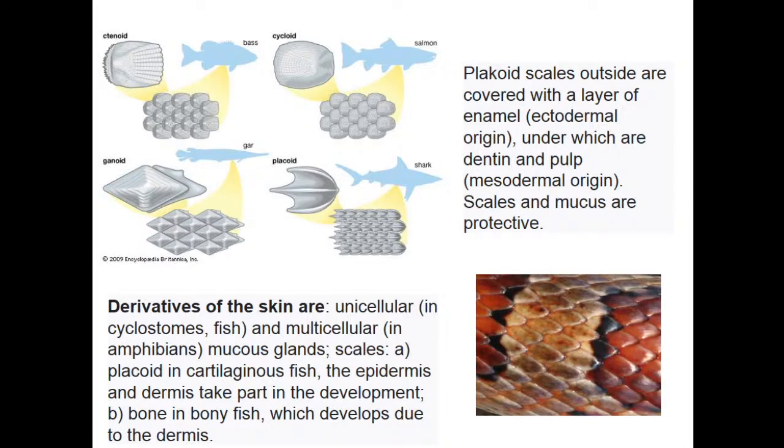The epidermis and dermis take part in the development, and bone in bony fish develops due to the dermis. Again, it is the same, only with different shape, looks, and function.